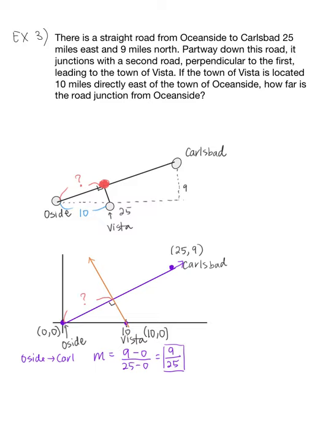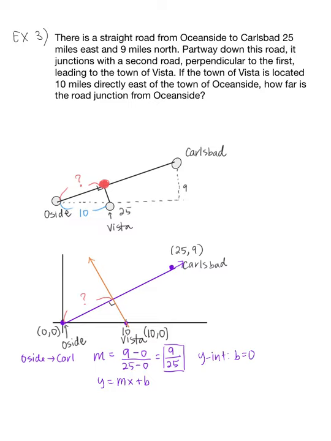Now, since we already know that our y-intercept is 0, we can use the slope-intercept form to write an equation of this line. We have the y-intercept b equals 0, and the slope-intercept form is y equals mx plus b. But since we're going to have two functions going on, let's give it a name.